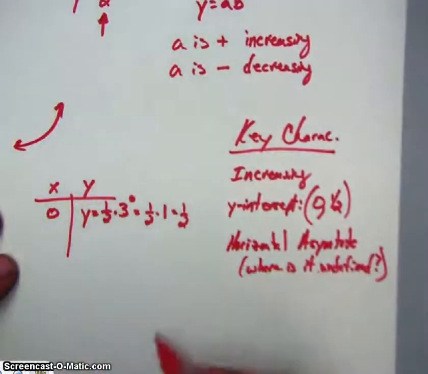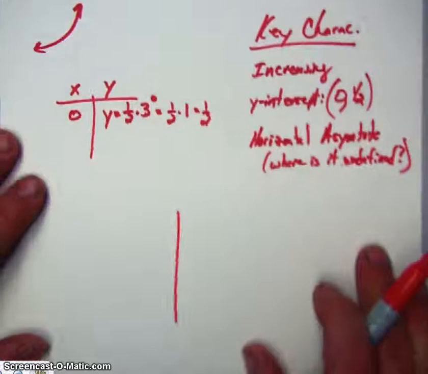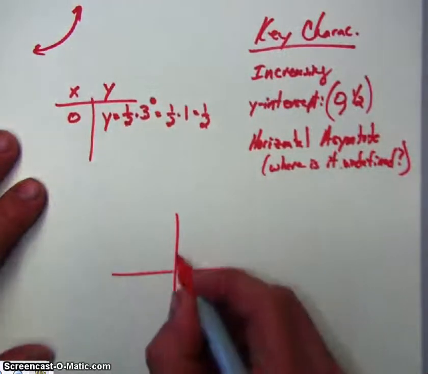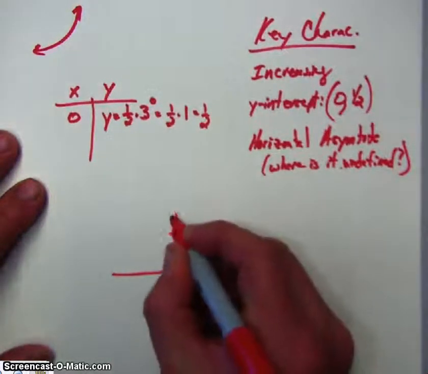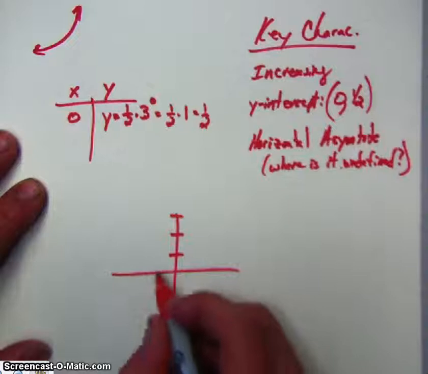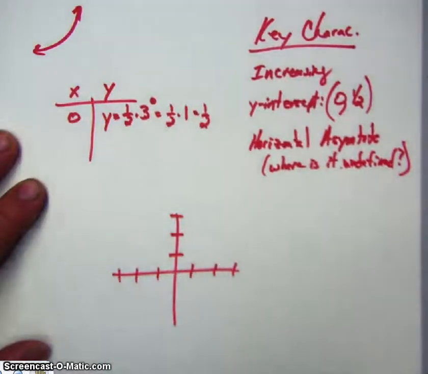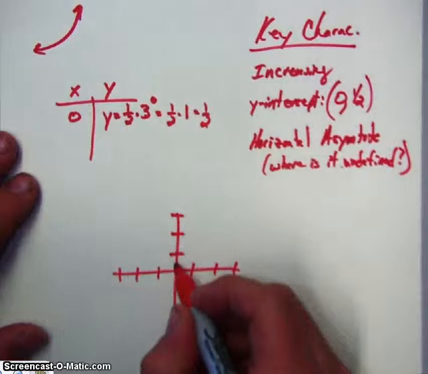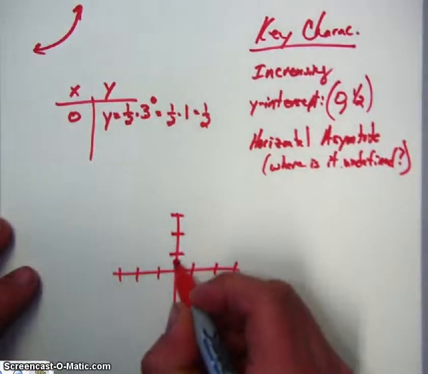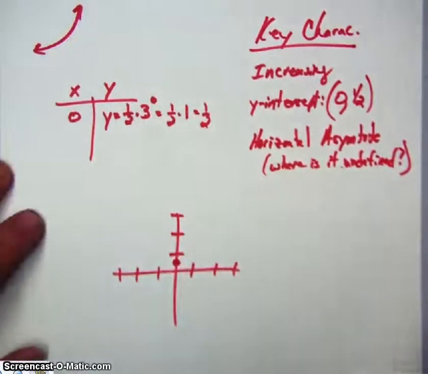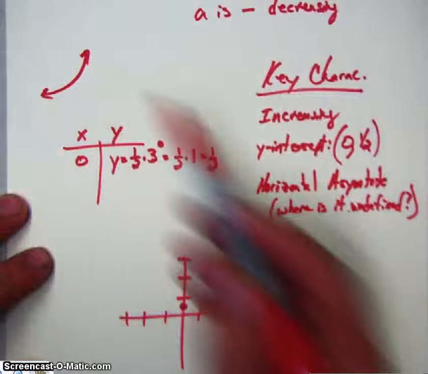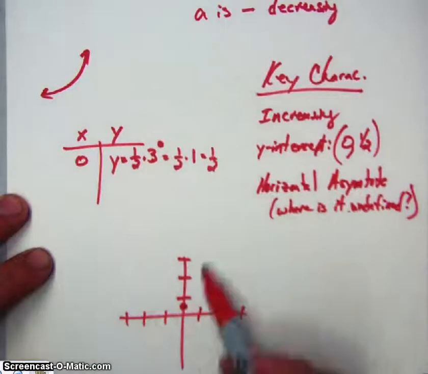So we'll make this 1, 2, 3. Negative 1, 2, 3. 1, 2, 3. Start out easy. So 0, 1/2. There's my y-intercept. My graph is going to look like this, so it's probably going to go something like this.